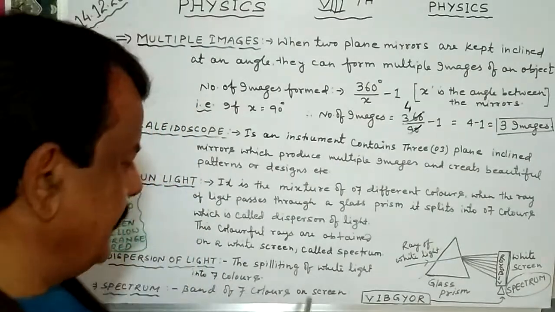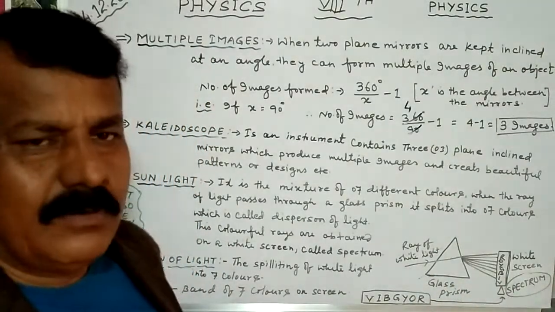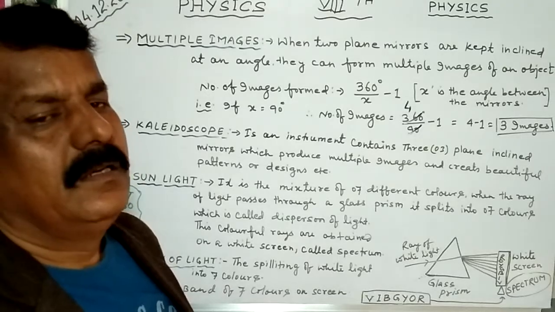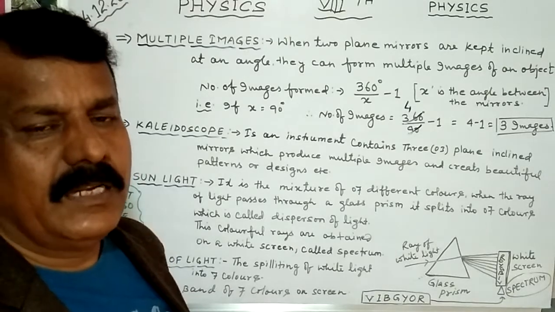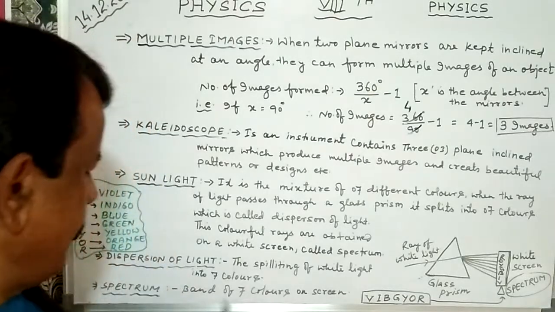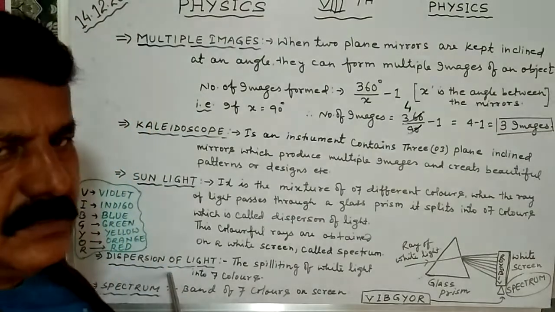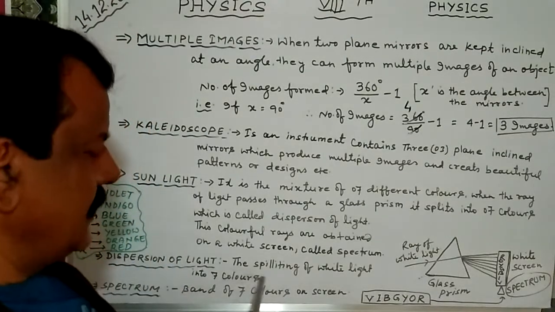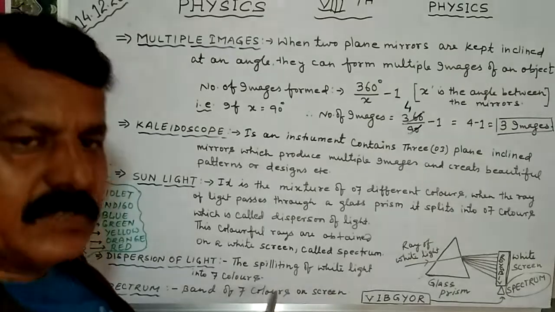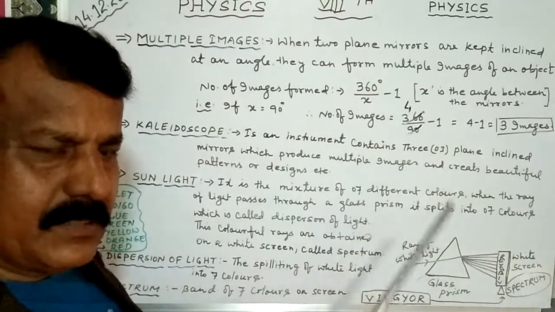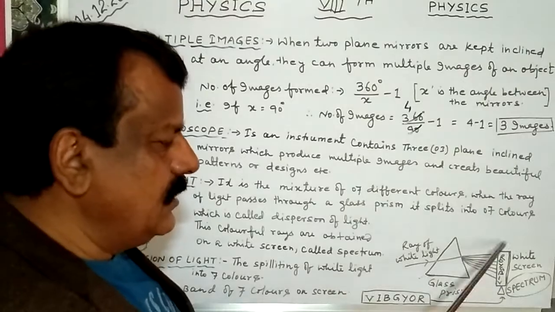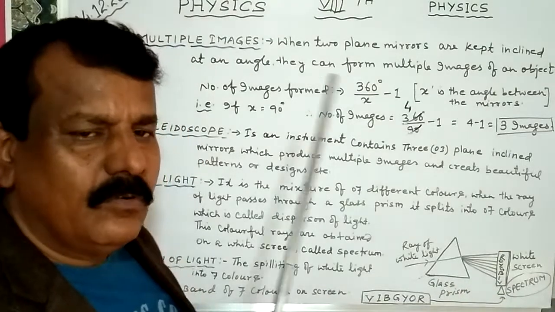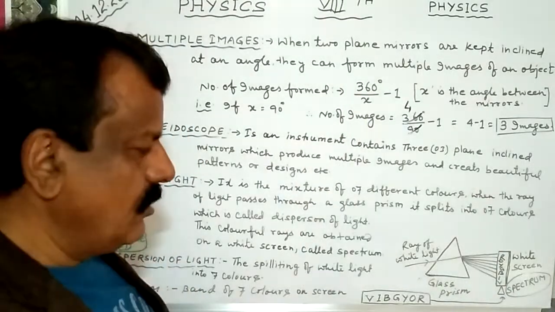It is clearly said that the ray of white light is the mixture of 7 colors. What is dispersion of light? The splitting of white light into 7 colors is called dispersion of light. What is a spectrum? A band of 7 colors obtained on a white screen is called a spectrum.